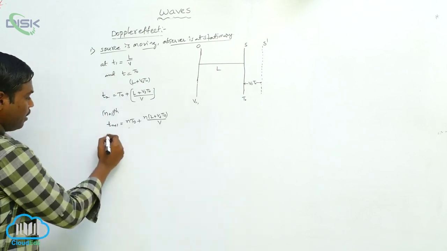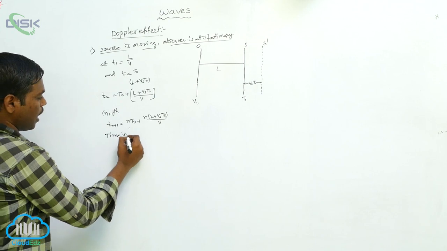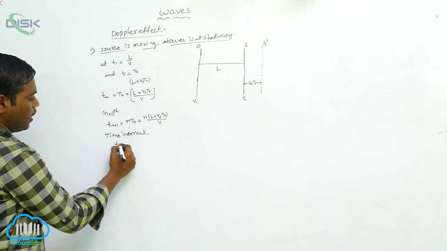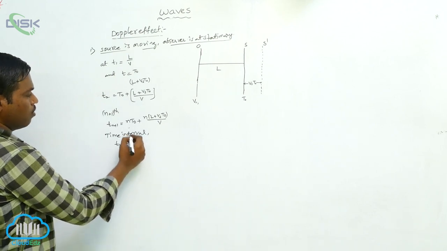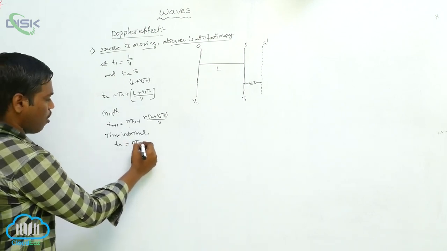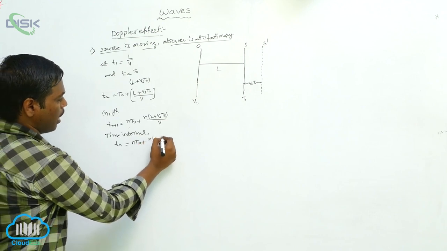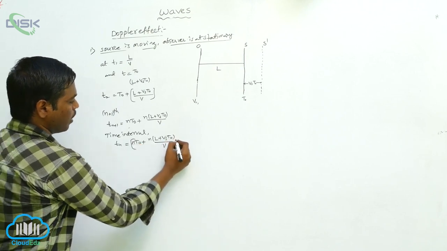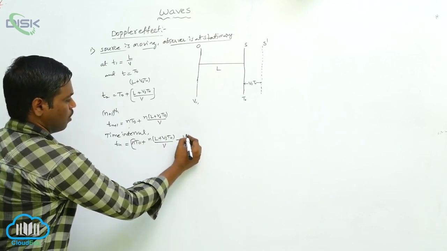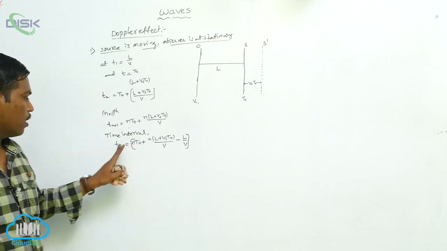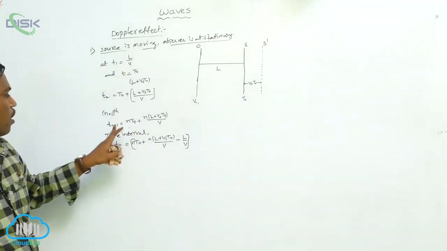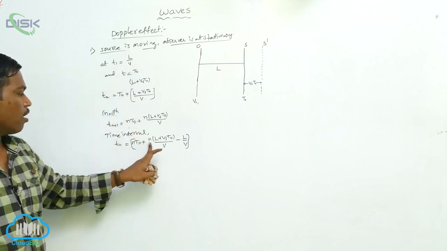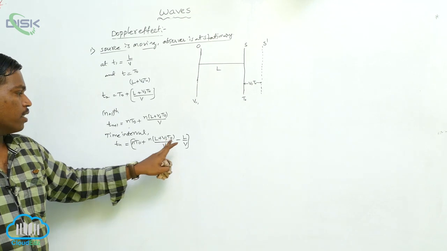Now taking the time interval, Tn is equal to n t0 plus n into (L plus Vs t0) by V minus L by V, that is Tn plus 1 minus T1.